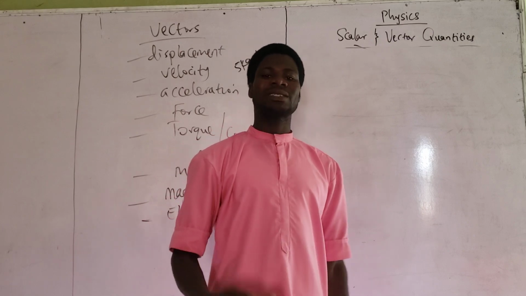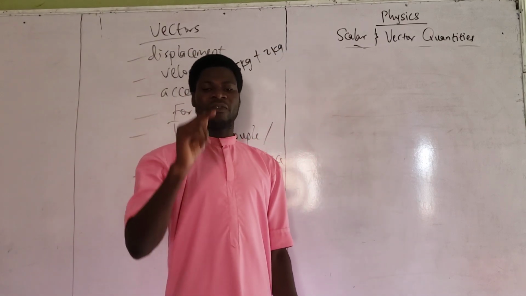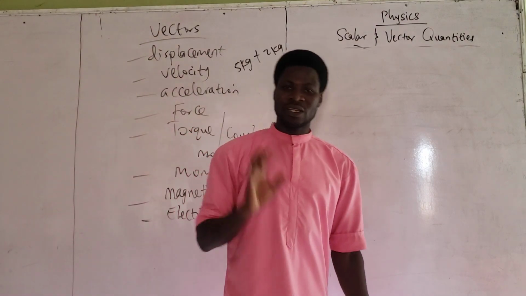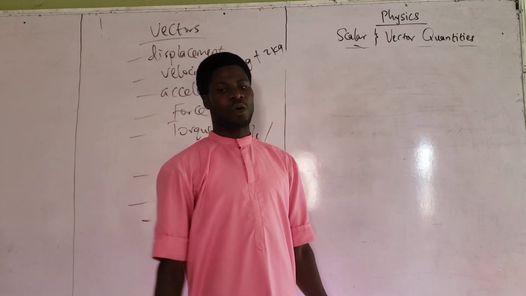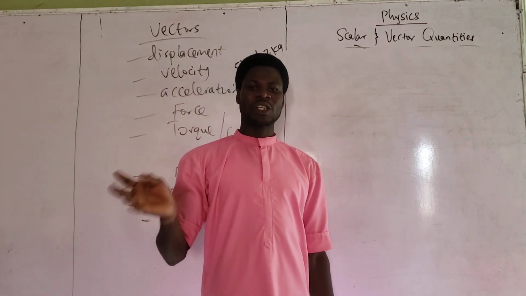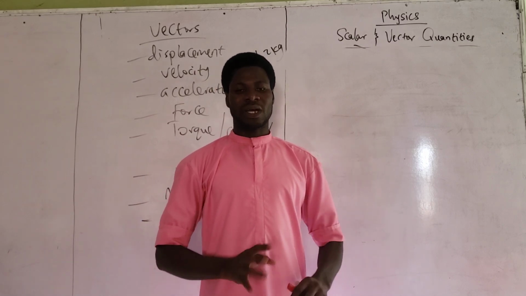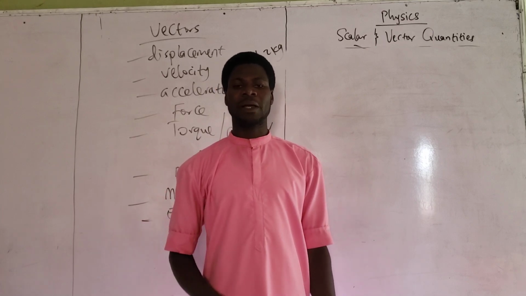And because of that, there's a special way we add or subtract two vectors. But before you go into that, when you add or subtract two vectors together, the result you obtain is also called the resultant vector. There are various ways to obtain the resultant, but addition and subtraction are just simple ways of obtaining the resultant. We'll go more into that later.